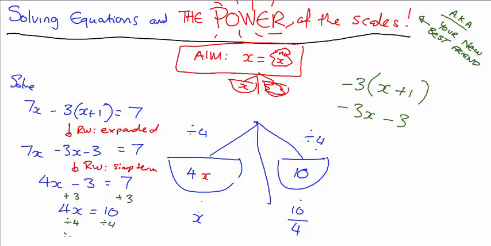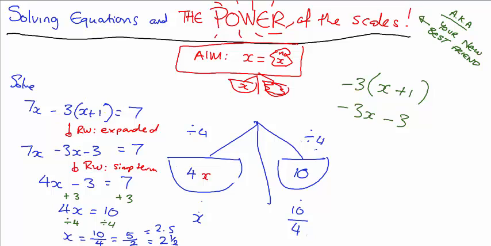So you get to this stage, you get to x equals 10 over 4, and all you have to do with the fraction is make sure you simplify it, cancel it down as much as you can. You can cancel 2 from top and bottom, and there you go. The answer is 5 over 2. If you want, you can write that as a decimal, 2.5. But you don't have to. You don't even have to write this as a mixed fraction.